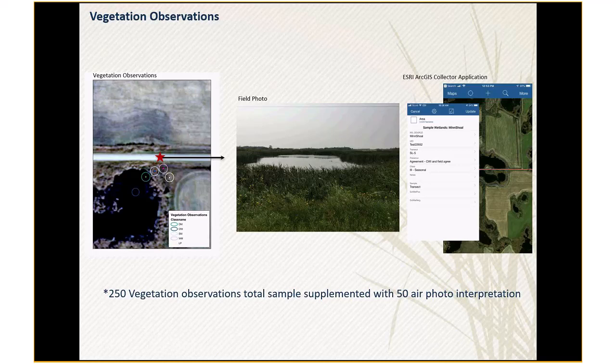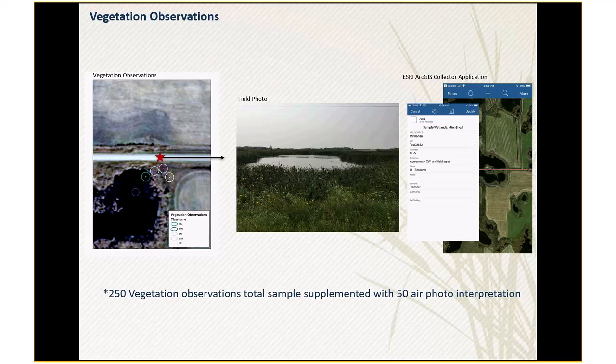The field crews were sent in to get pure samples, basically assuming a 10-meter buffer of low prairie, wet meadow, shallow marsh, open water, and deep marsh zones within these wetlands. And this is pretty time-consuming stuff.